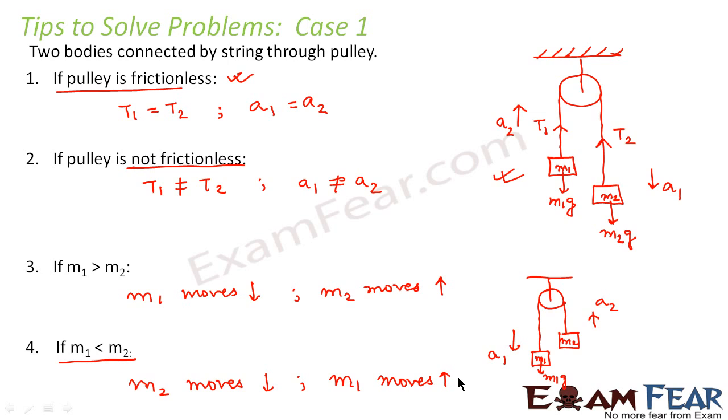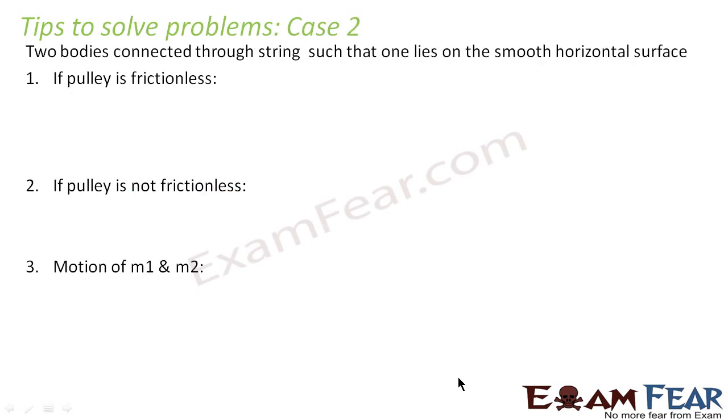So this is one scenario where two bodies are connected via string through a pulley. Now let us look at another scenario which will be helpful to solve the numerical problems. Here two bodies are connected through a string such that one lies on a smooth horizontal surface. So here we are considering a scenario something like this. Let us suppose this is one object M1.